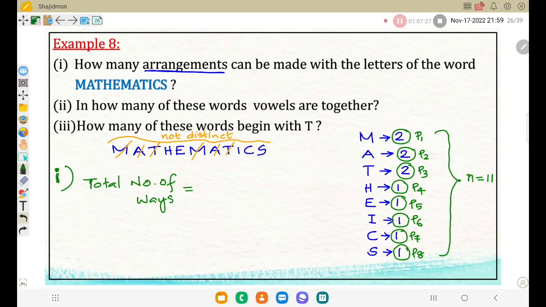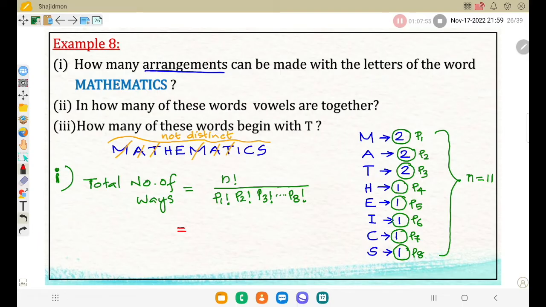If the letters are not distinct, what is the rule? N factorial divided by P1 factorial multiply P2 factorial multiply P3 factorial, and so on, last we can write P8 factorial. Correct? N factorial divided by P1 factorial, P2 factorial up to P8 factorial.